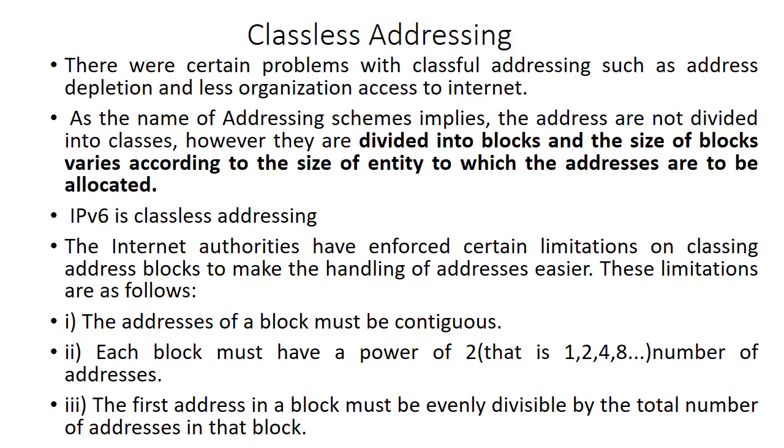And the first address of the block must be evenly divisible by the total number of addresses in the block. These are the slight variations made in classless addressing. Rather than a fixed entity, they go for blocks, which are divided based on size, and they also added certain features. That's the basic introduction to classful and classless addressing.